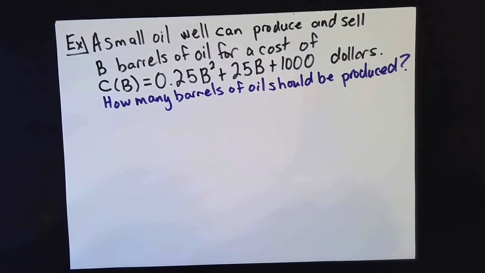And oil happens to be an apt real-world example for a few reasons. One is that the price of a barrel of oil fluctuates quite a bit day to day. For example, last time I taught this class, oil was selling for $45 a barrel, but now oil is selling for $65 a barrel.